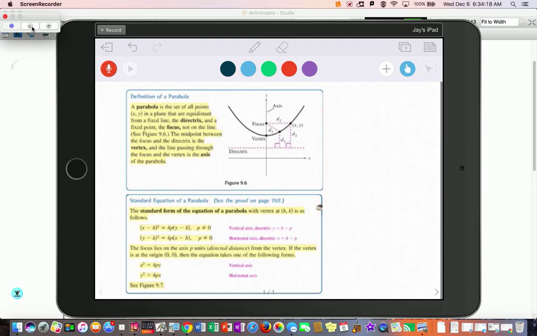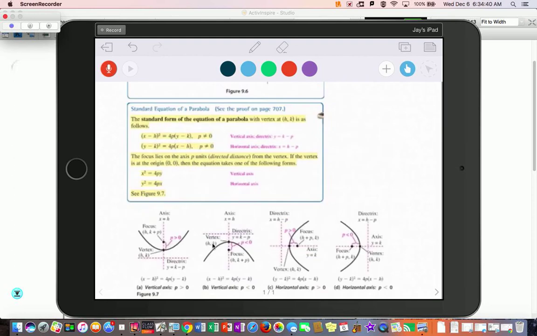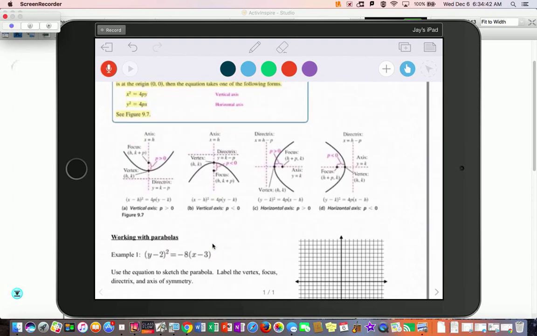So some of the new stuff you're seeing is that when x is squared, it's vertical, or when y is to the first power, you could think of it as vertical. When y is squared, it's horizontal, or when x is to the first power, it's horizontal. So you can have parabolas that go up, down, right, and left.